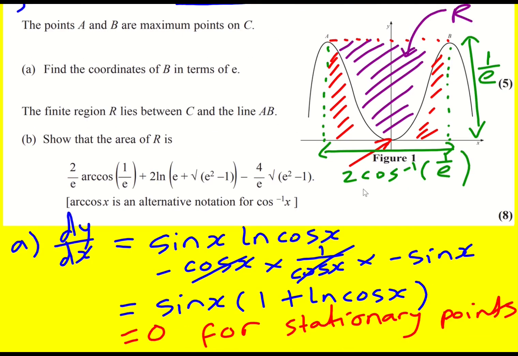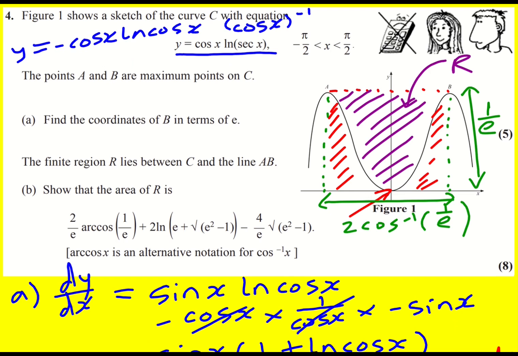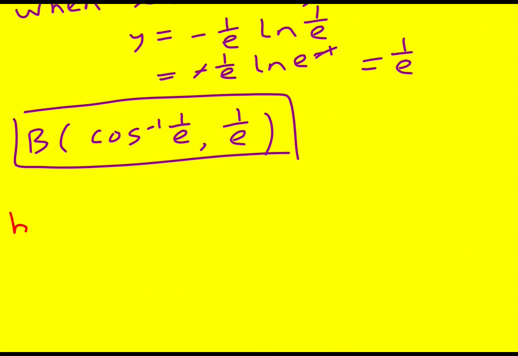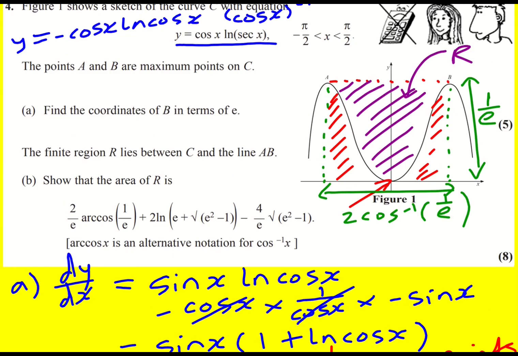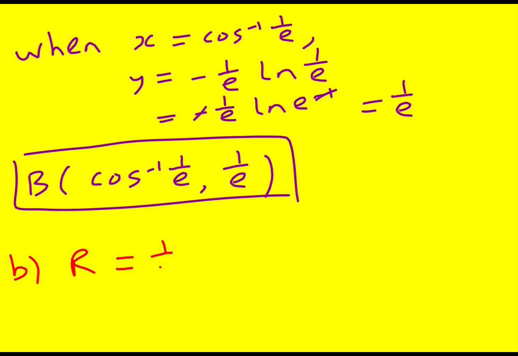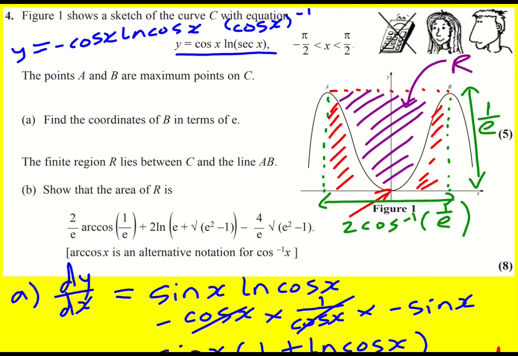Okay, so how do I put this together? R is going to be the rectangle, so it's going to be 1 over e times 2 inverse cos of 1 over e minus the integral.